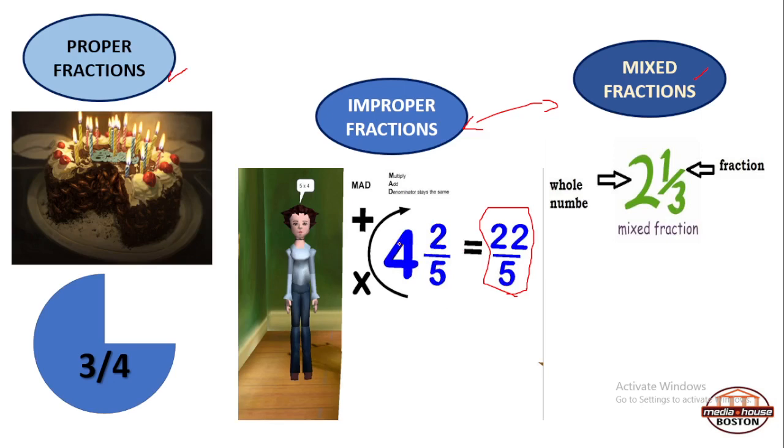And to convert back between the improper fraction and the mixed fraction, this is what we do. So this is your improper fraction and this is your mixed fraction. We're going to play around with these two. This one is an improper fraction, so if you say 22 divided by 5, it gives you 4 and 2 out of 5, which is the mixed fraction.